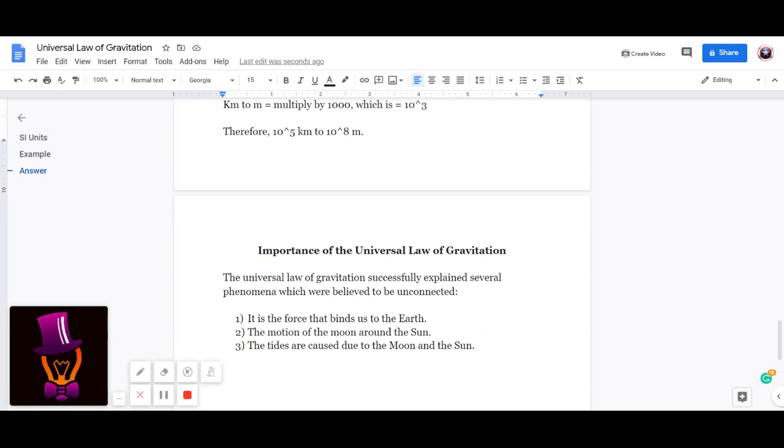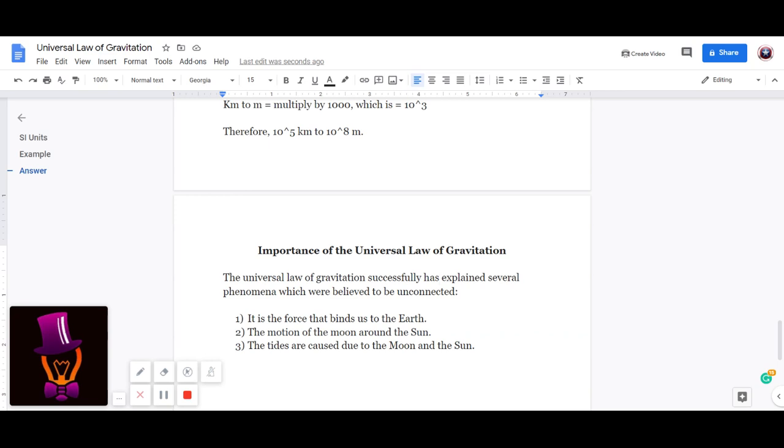Now let us learn the importance of the Universal Law of Gravitation. The Universal Law of Gravitation has successfully explained several phenomena which were believed to be unconnected. First one, it is the force that binds us to the earth. Second one, the motion of the earth around the sun.